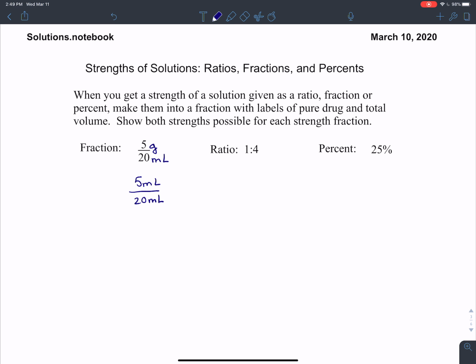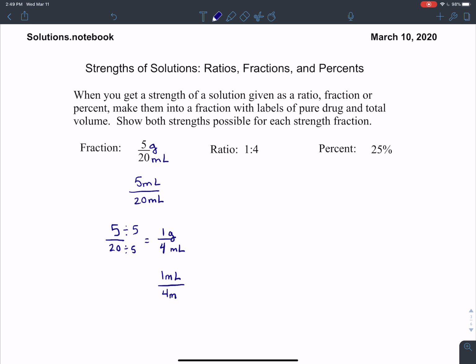Now we can also simplify this, and more often than not, we'll want our fractions in simplest form. If we have that 5/20, they can both be divided by 5, and that gives us the fraction 1/4. So if it was a solid drug, we'd say there's 1 gram in 4 milliliters. If it was a liquid drug, we'd say there's 1 milliliter in 4 milliliters.